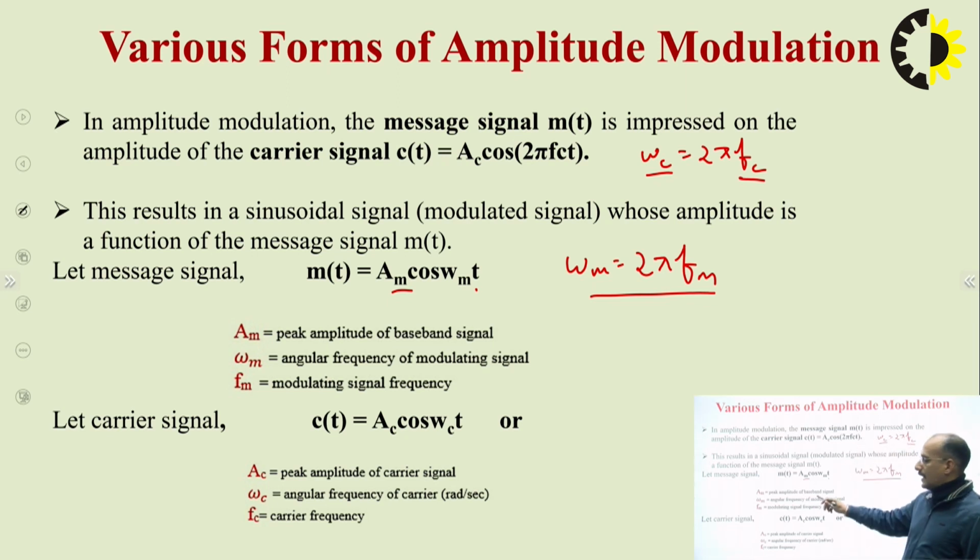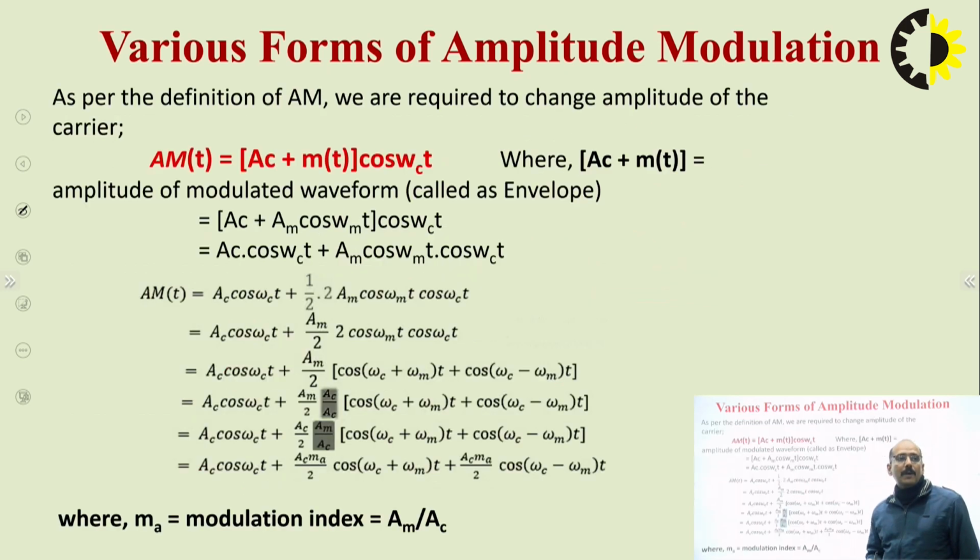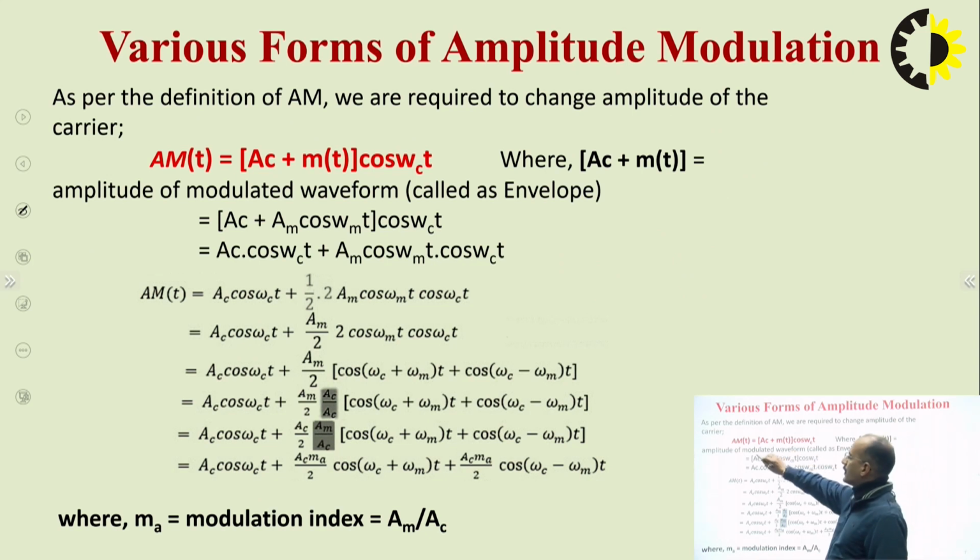So Am, ωm and fm, and Ac, ωc and fc are going to be decided by these 2 equations. Now as per the amplitude modulation equation, you will get this equation: s(t) = [Ac + m(t)] cos(ωc t), where Ac + m(t) is the amplitude of the modulated waveform, called the envelope.